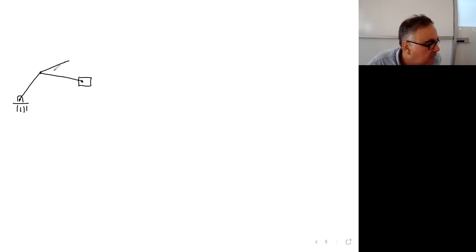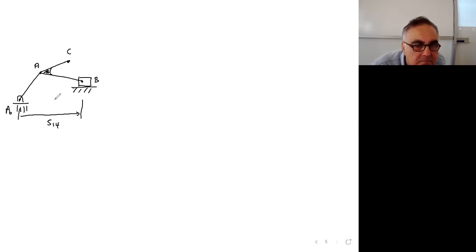Let's say, for a strange reason, you might want to find the velocity of this point C. Let's say this is A0, this is A, this is B. This distance is the eccentricity. Let's call it E this time so that we don't mix it up.